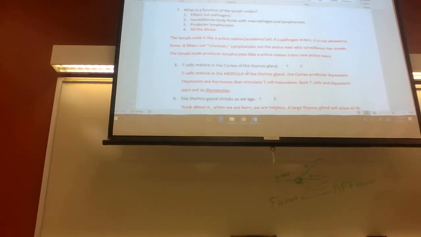And thymosin is hormones that help stimulate T cell maturation, so it helps with your immune system, but the hormones are from the cortex or from the outside, but the actual cell is from the inside, from the medulla. So I could see that being like, where are lymphocytes, where are T cells, matured?